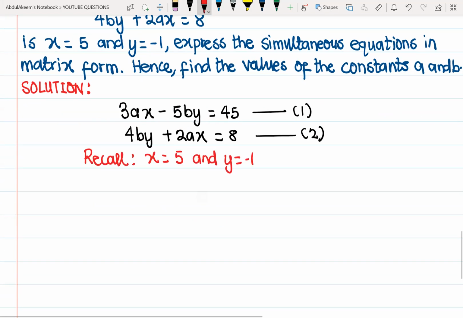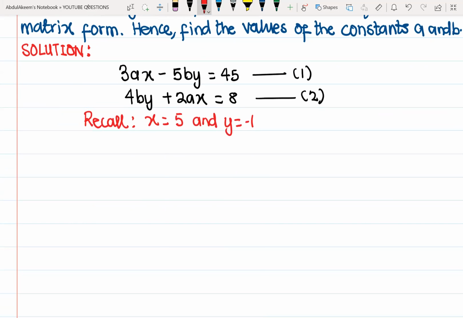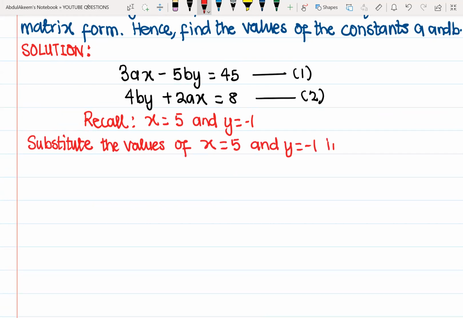So what are we going to do here? We just substitute the values of x equals 5 and y equals minus 1 into equations 1 and 2.